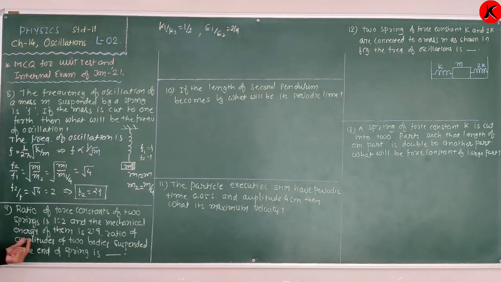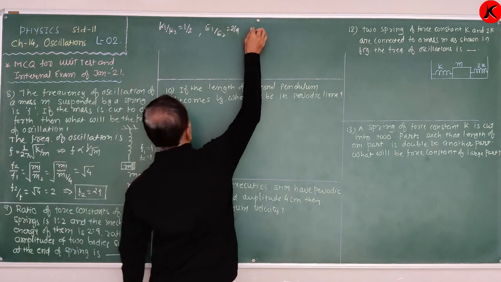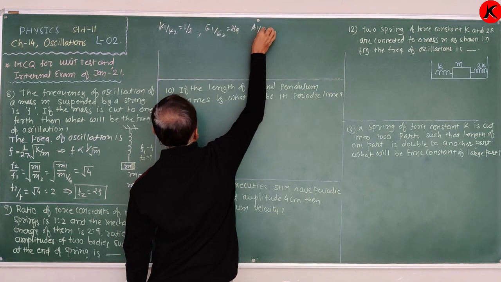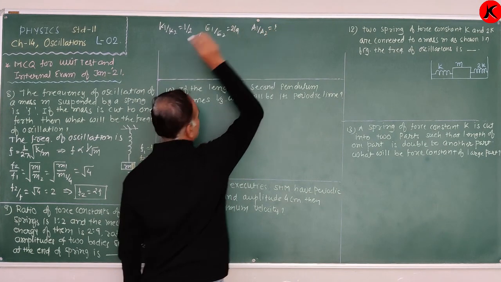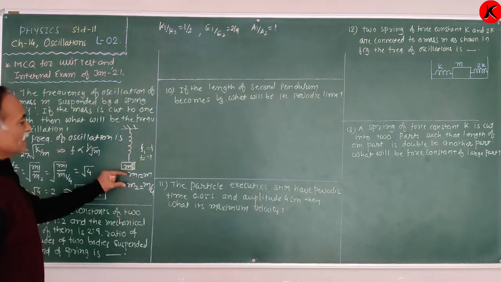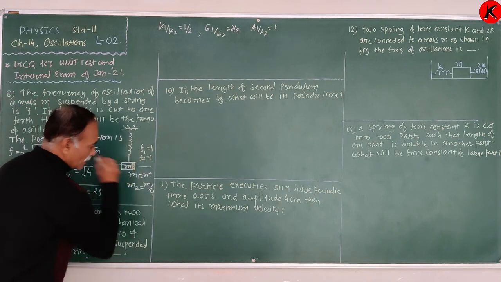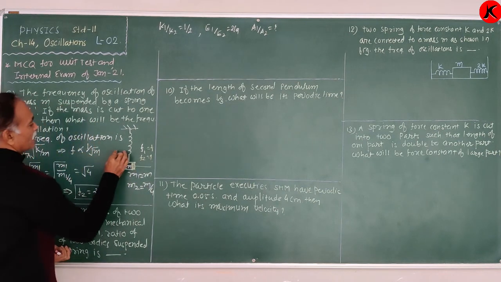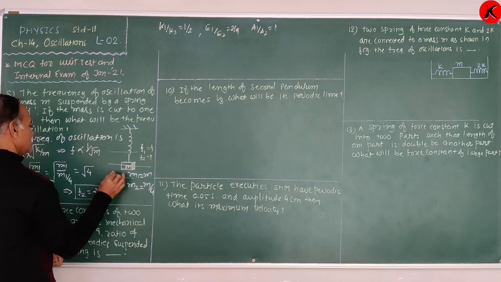We have to find out the ratio of the amplitudes of the two bodies suspended at the end of the springs that perform the oscillation. So there is the equilibrium position, it oscillates this way, and there is the amplitude.